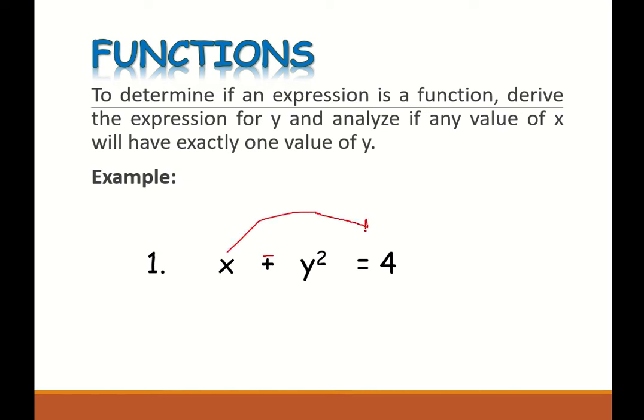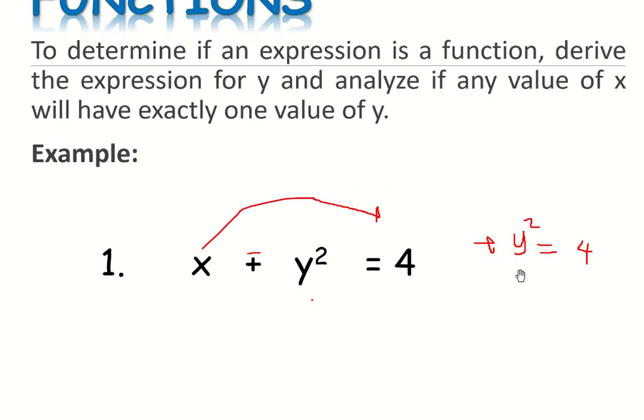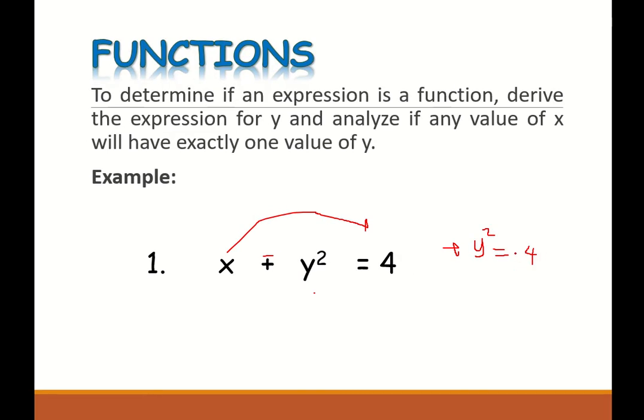So we have y squared equals, in the transform we have 4, this 4 here, and then this one that is being transposed becomes minus x.